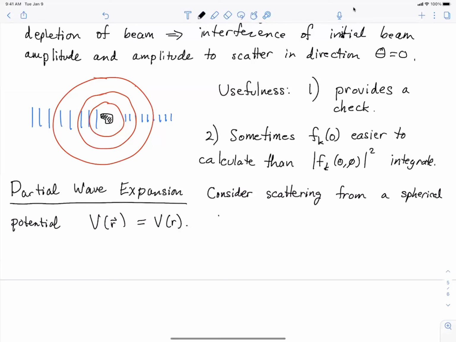And a reminder that we are also taking our initial beam to be moving in the positive z direction. So k vector is k times z hat.